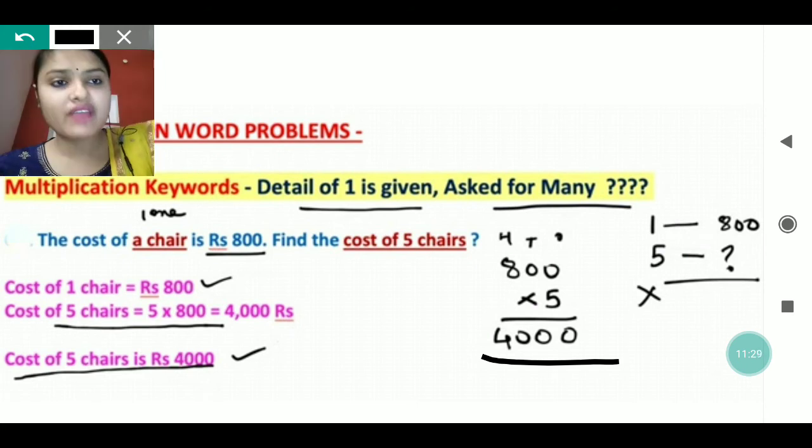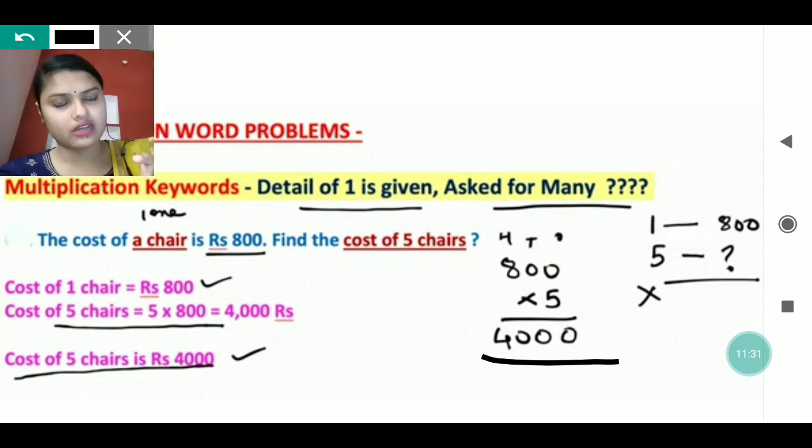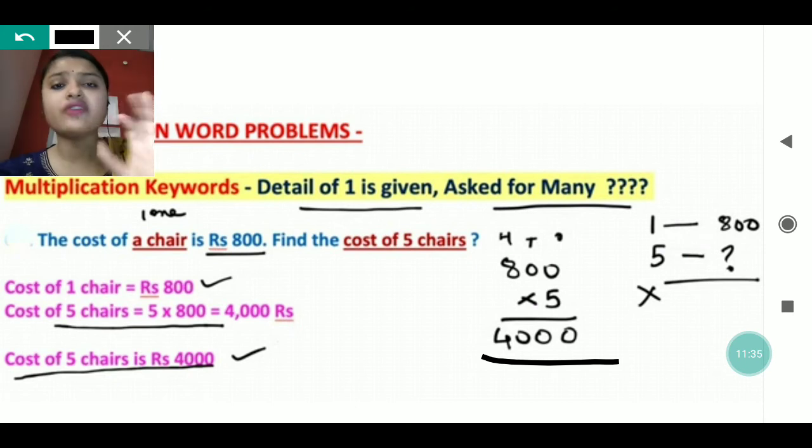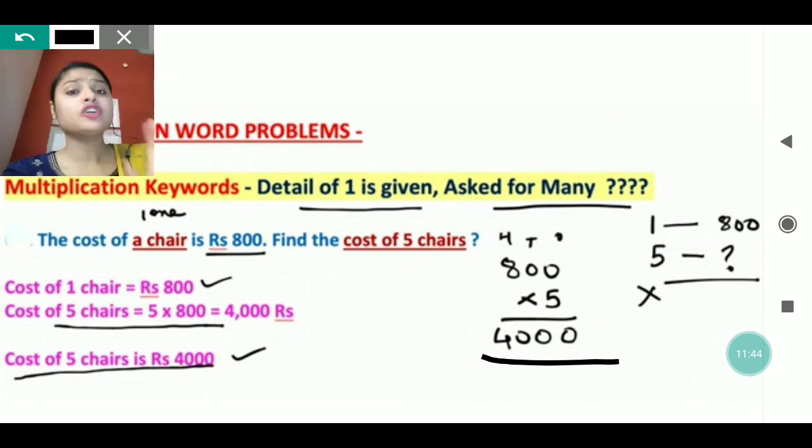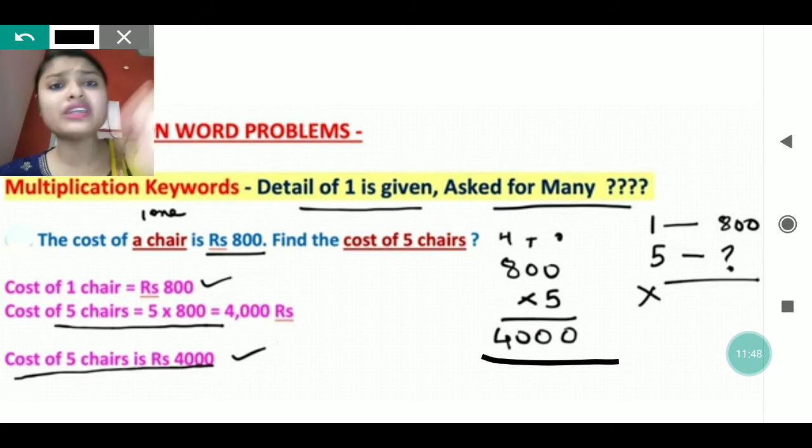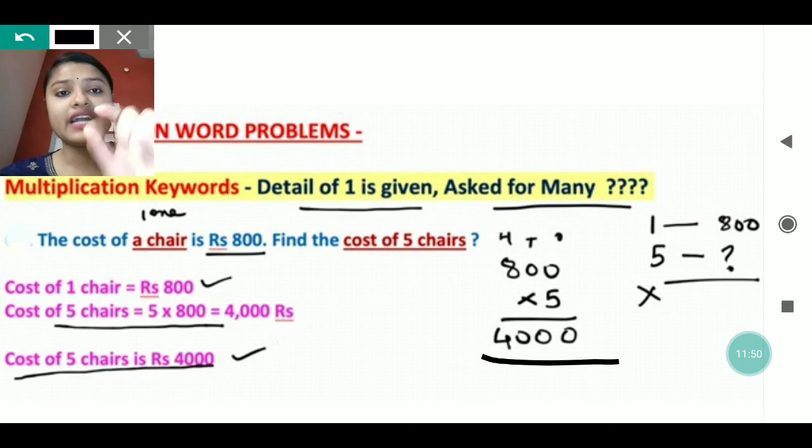So we have multiplied here and we have got the total cost of all 5 chairs. So we will write, therefore the cost of 5 chairs is rupees 4,000. This is how we write up the statement. You can see I have underlined the clue words.